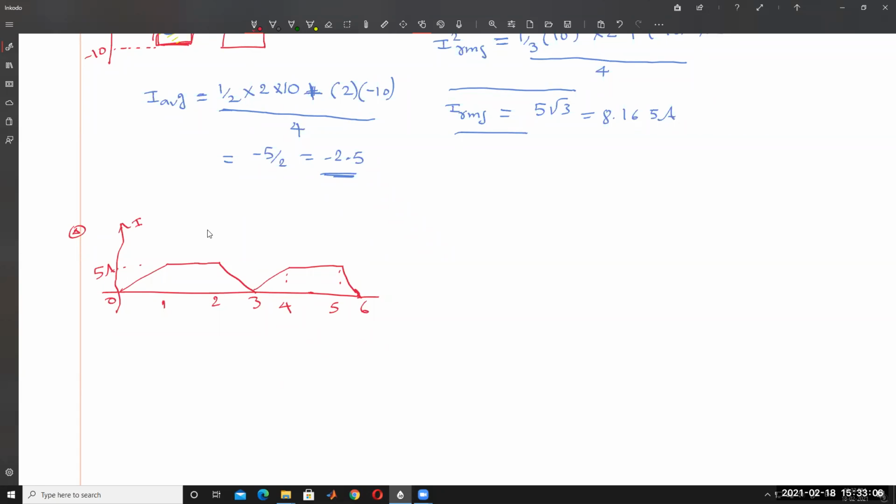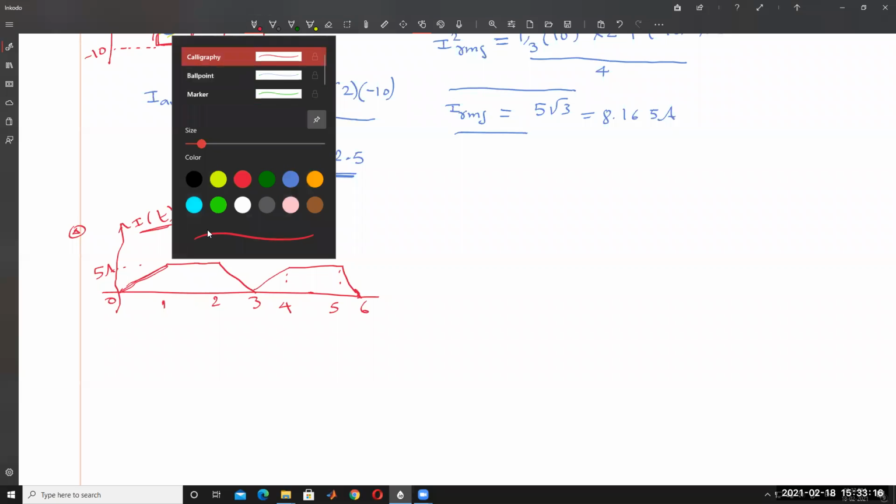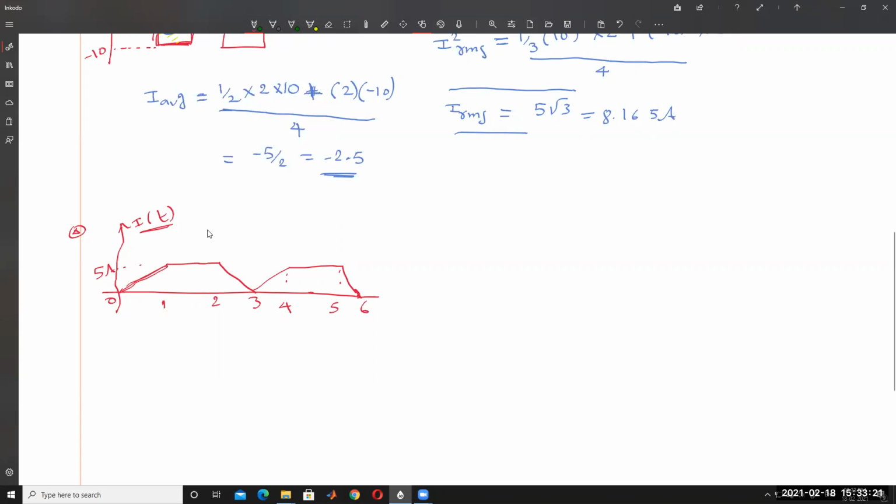This is called, for example, i(t). So this is a triangular waveform, and it has 3 regions. To find the average, take each region: first one, second one, and third one.